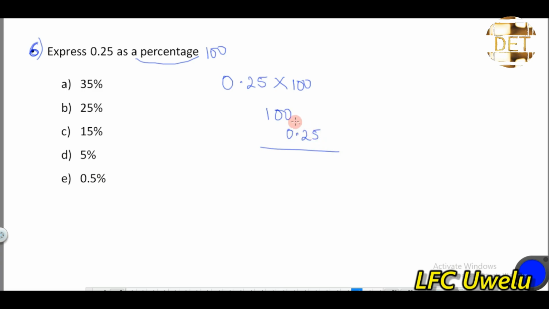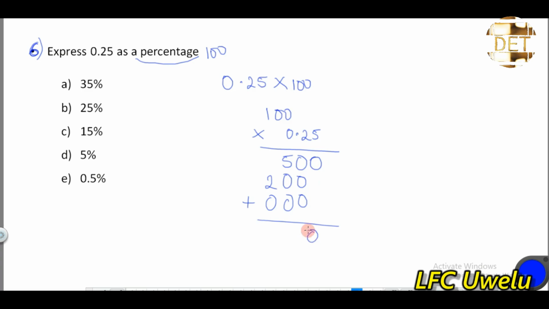So 5 times 0 is 0, 5 times 0 is 0, 5 times 1 is 5. 2 times 0 is 0, 2 times 0 is 0, 2 times 1 is 2. 0 times 0 is 0, 0 times 0 is 0, and 0 times 1 is 0. So the next thing I will do is add the numbers. What I did here was multiplication, and here I'm going to add the numbers.